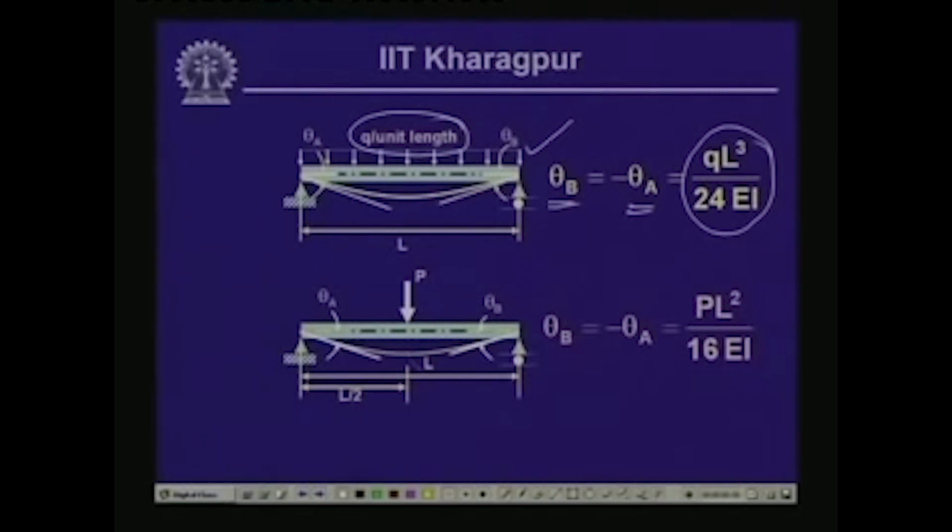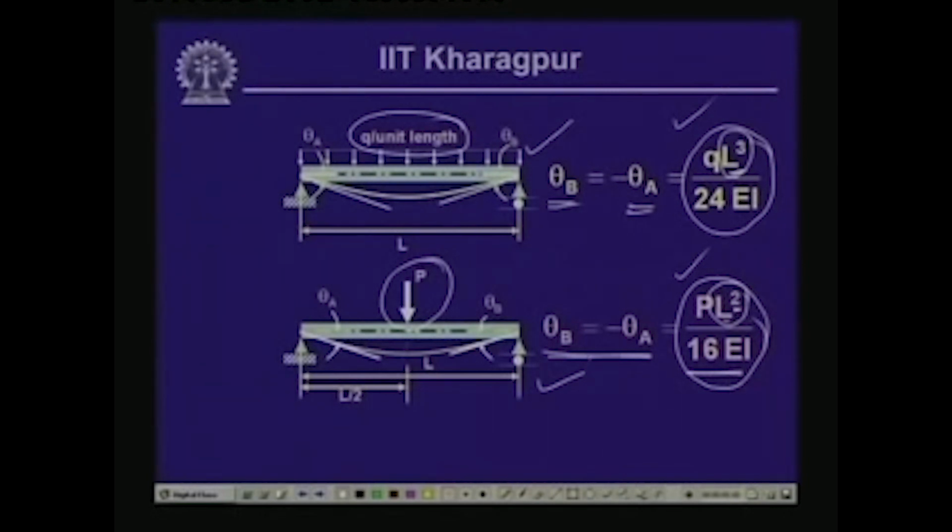If the same simply supported beam is subjected to a concentrated load at the center, the value of the end slope comes as PL square by 16 EI. If you look at the expressions carefully, you will find that here the span has a power of 3, and here the span has a power of 2.